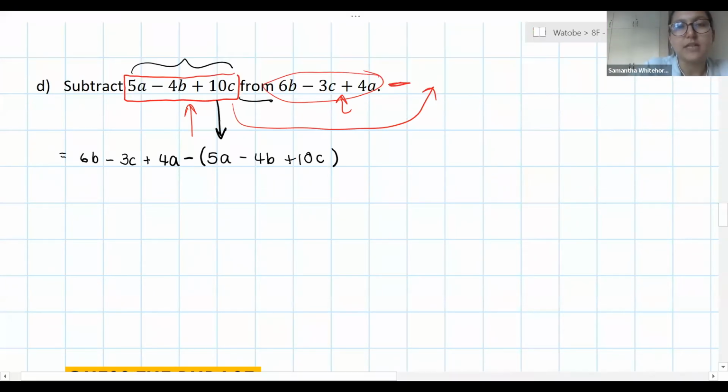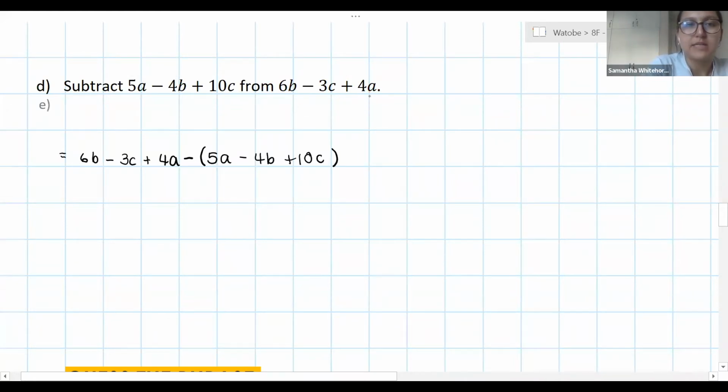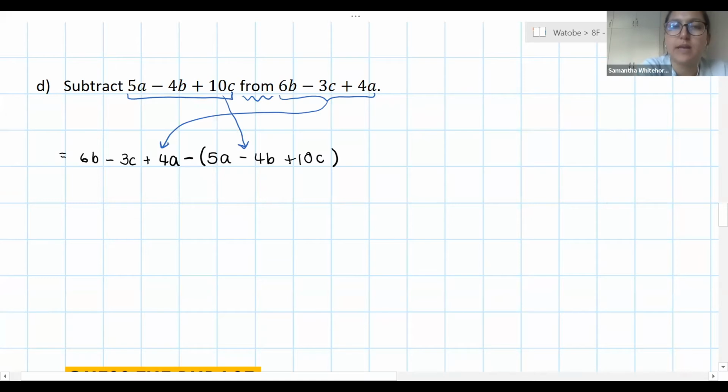And so what we've done is we've essentially taken what was stated to us here, by saying subtract this expression from the 6b minus 3c plus 4a. And so importantly here is reading it and understanding which expression to put first.